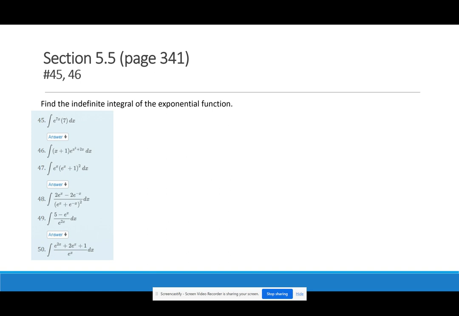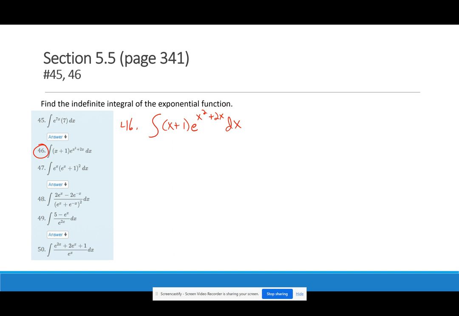All right, so 45 and 46. 46 looks harder. Let's do that one together. So I'm integrating x plus 1 e to the x squared plus 2x dx. This is either exactly or very familiar to one we did in class. It just feels just like it.